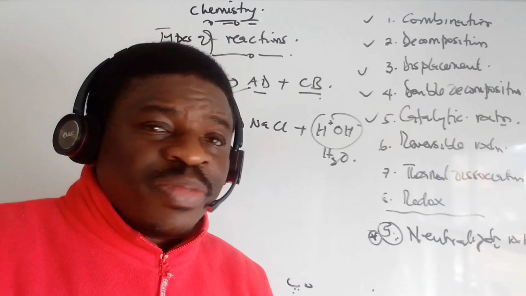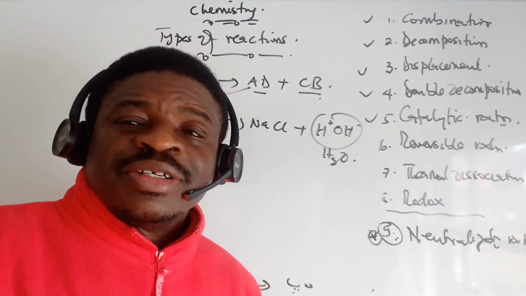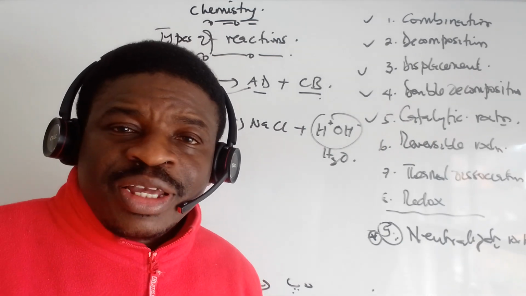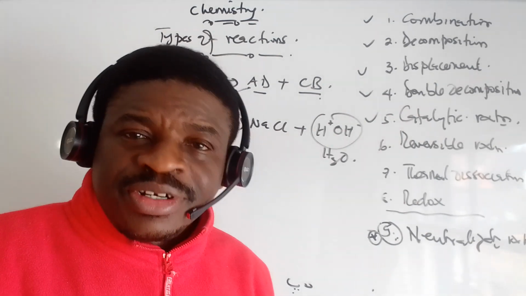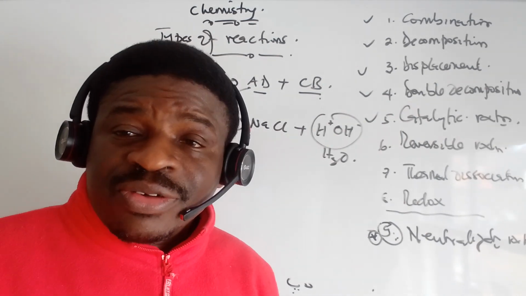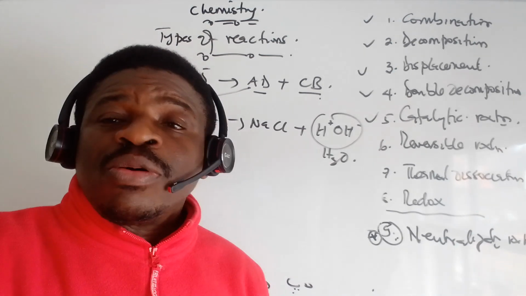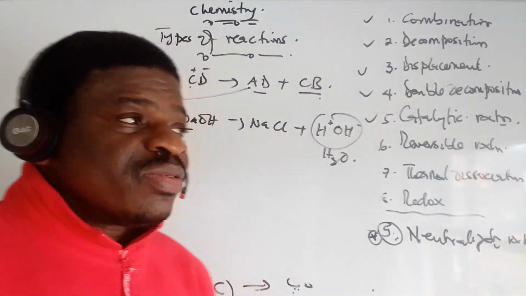Most people make the mistake of saying a substance that increases the rate of chemical reaction. No, a catalyst can decrease the rate of chemical reaction, or it can increase it. But the thing we know is that it alters the rate of a chemical reaction.